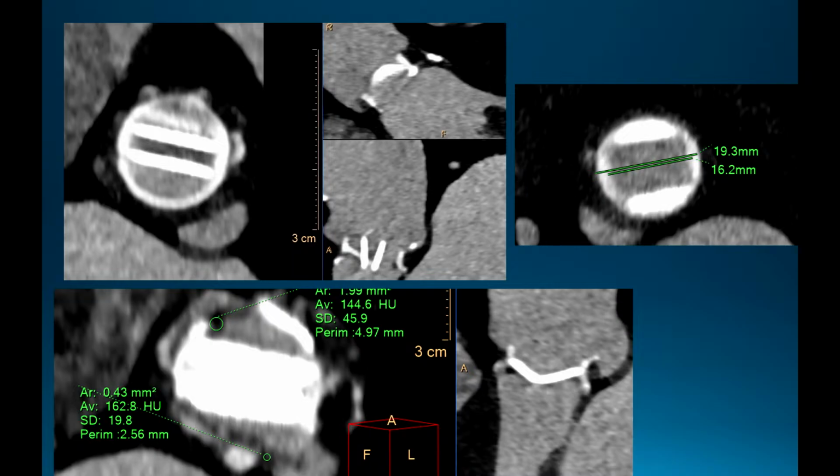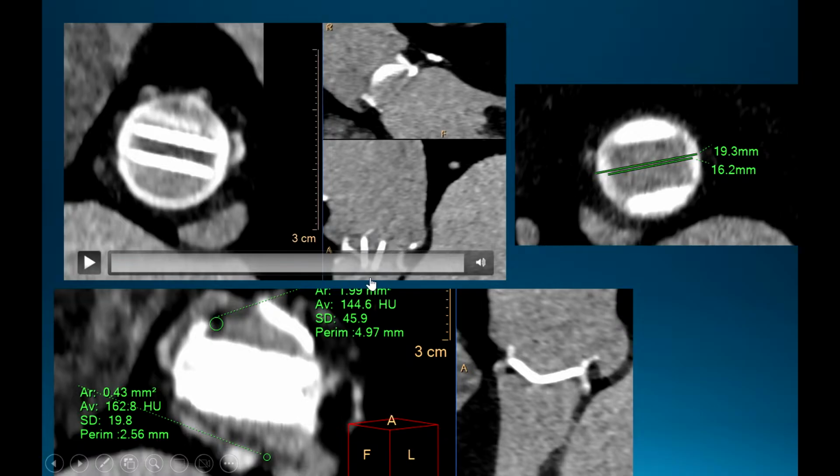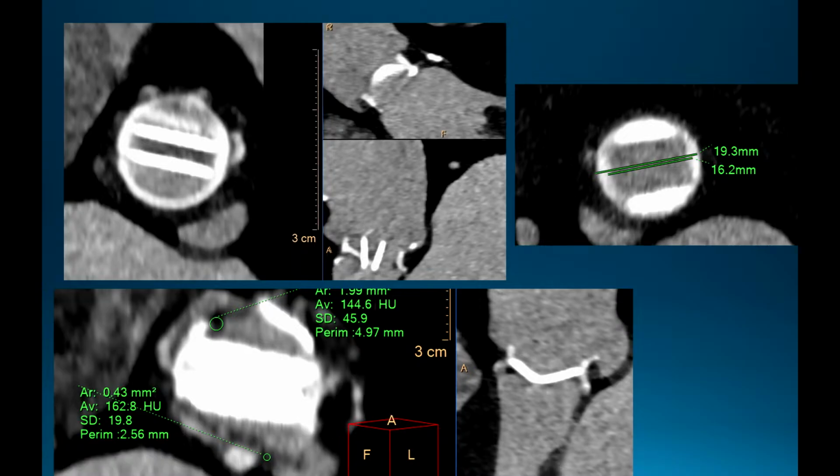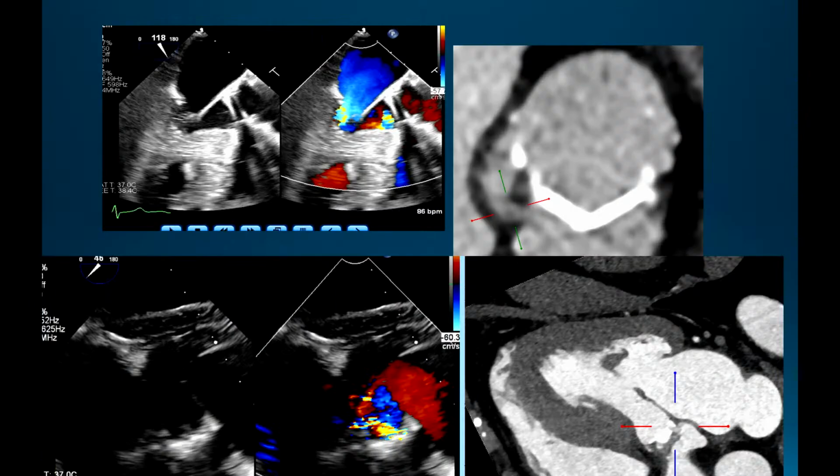But another important finding, as Dr. Zoghbi mentioned about the St. Jude's bileaflet valve, we can see this is probably a 19 millimeter valve. You can see the internal diameter is 16. And you can see even in the opening position, this leaflet right here appears to not open as much as the one next to it, likely corresponding to this pannus that interferes a little bit with the opening.